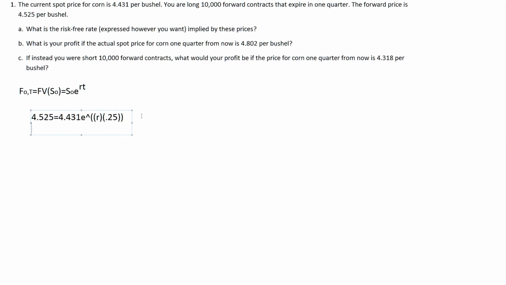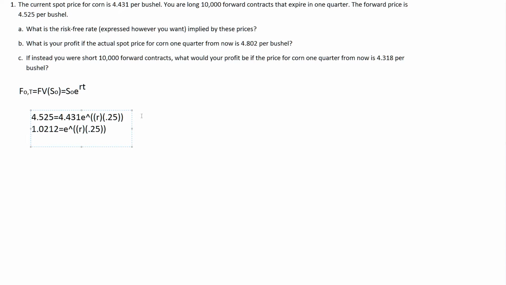So just setting this up algebraically, simple problem, just solve for the R. Divide both sides by 4.431, which gives us 1.0212 is equal to e to the power of R times 0.25. And then we're going to take the natural log of both sides.